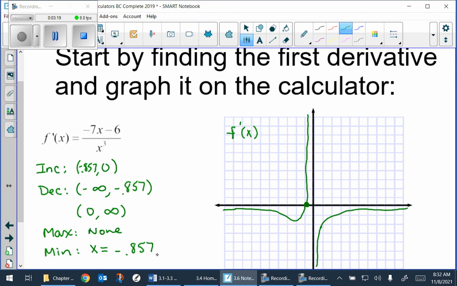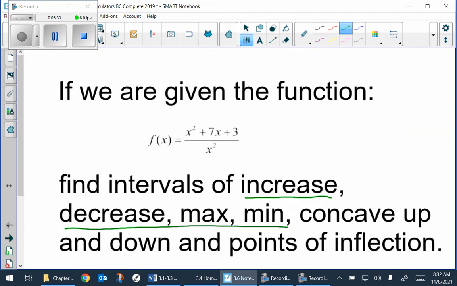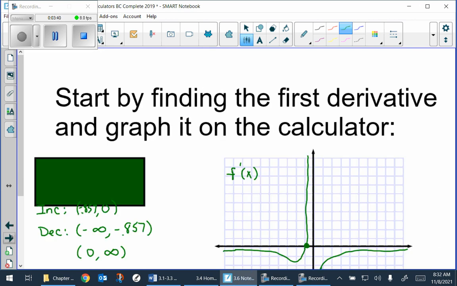If I said at what x value does the minimum occur, we've answered that. If I said, what is the minimum value, what would you have to do with this -0.857? Put it back into our original function. And what if I had said at what point is the maximum? You'd have to have the x and the y.